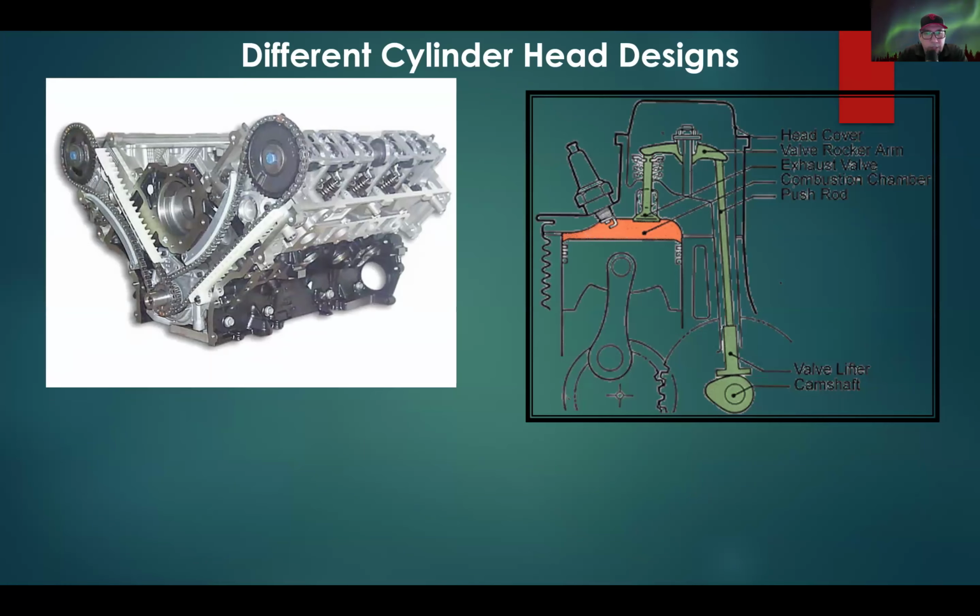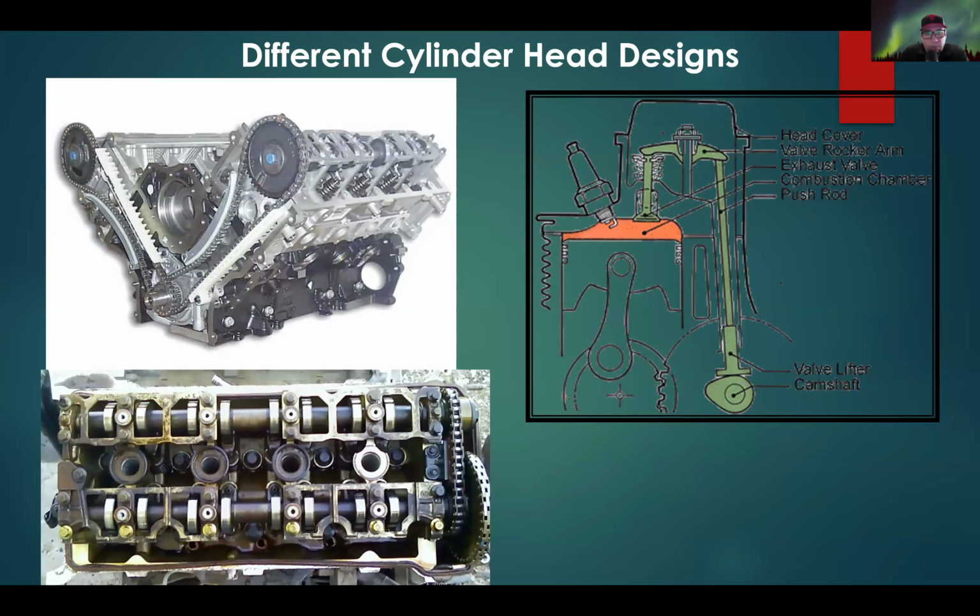So, a little bit on cylinder head designs. Down here in the bottom left, we have a dual overhead camshaft engine, meaning there are two camshafts per cylinder head. One camshaft will open the intake valves and the other camshaft will open the exhaust valves. If we go up here to the upper left engine, we have a V engine with only one camshaft per cylinder head.